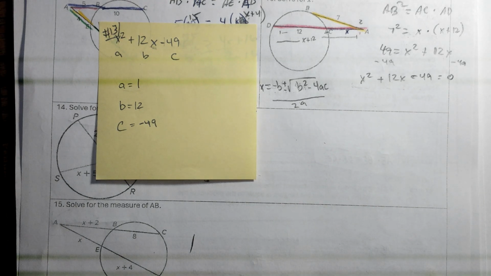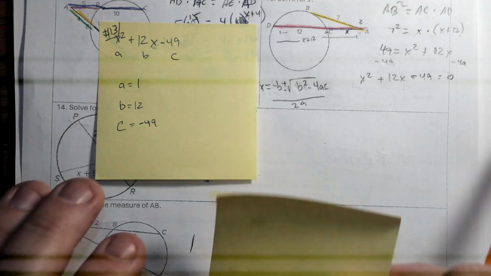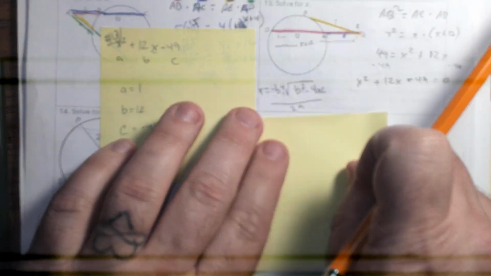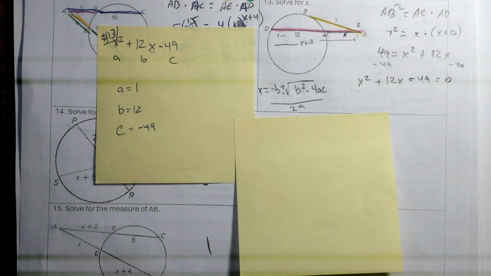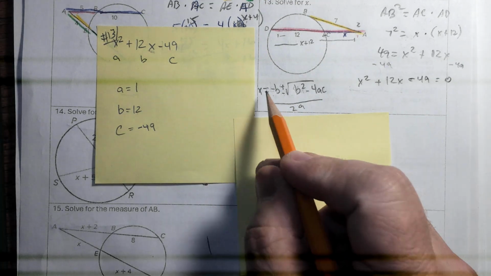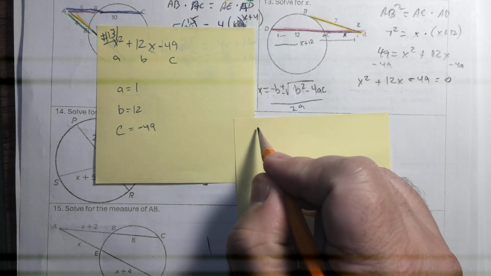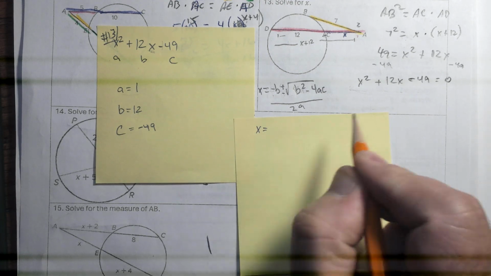So we're going to just work this underneath, and then I'm going to remove these to go forward because I'll need the room. All right, so in this case, x equals negative b.